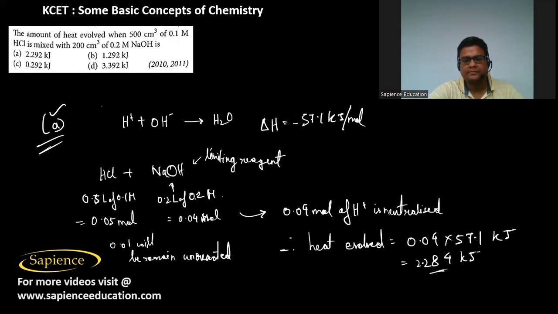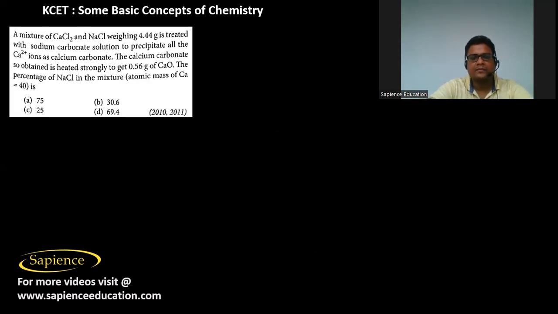Okay. So here it is told a mixture of CaCl2 and NaCl weighing 4.44 gram is treated with sodium carbonate solution to precipitate all the Ca2 plus ions as calcium carbonate.